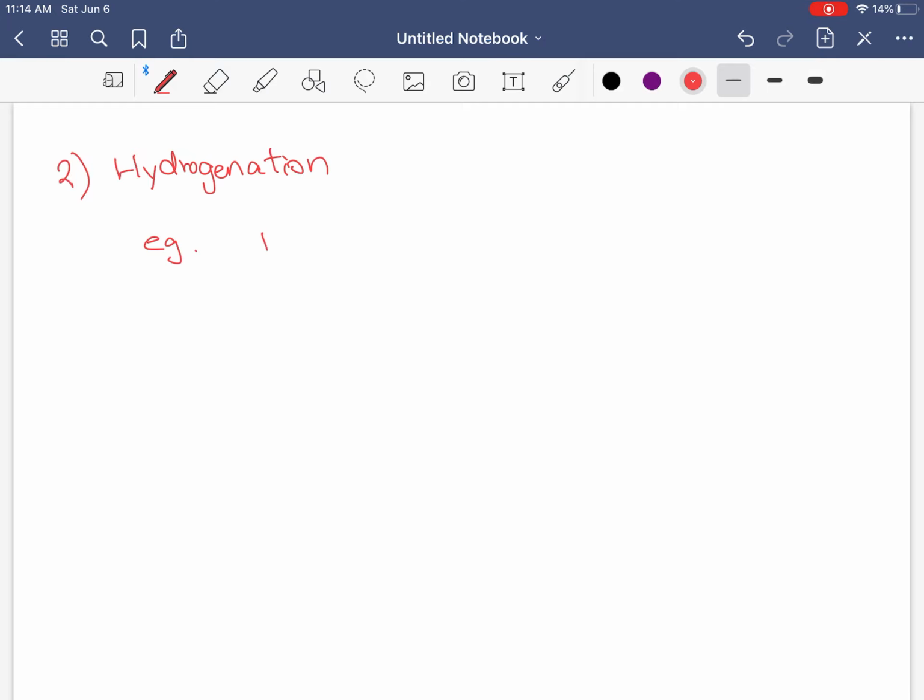So we have here ethanal. If you react ethanal with hydrogen gas, with some heat involved, you're going to get ethanol.